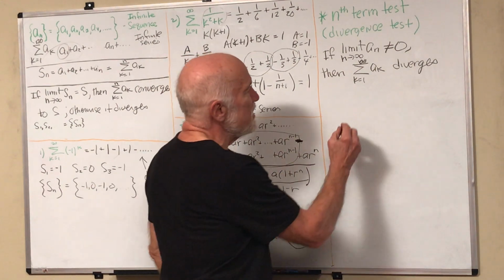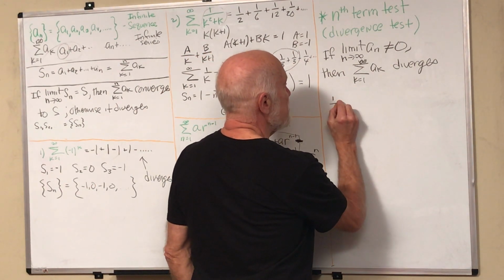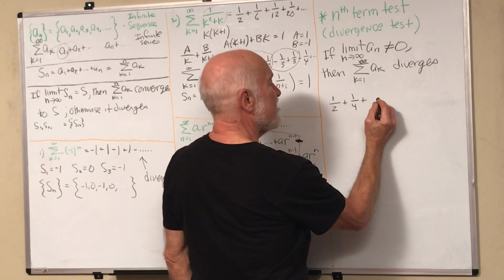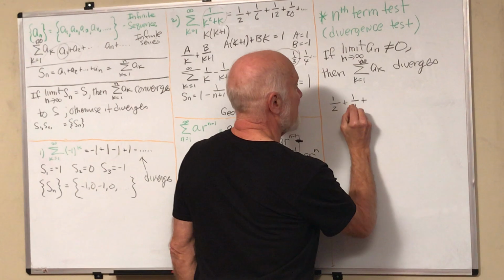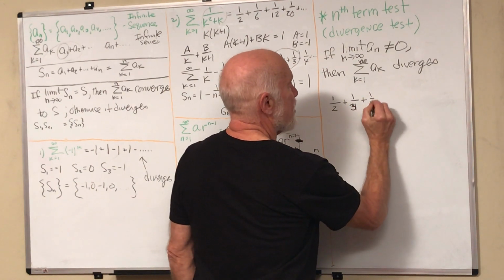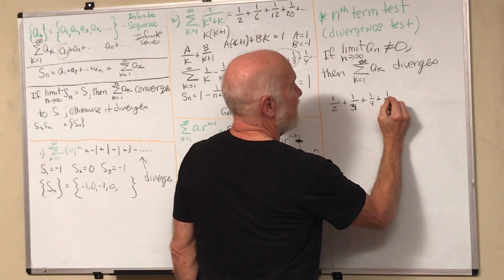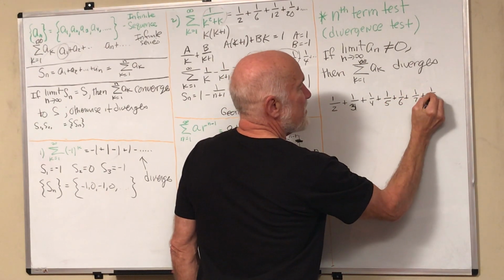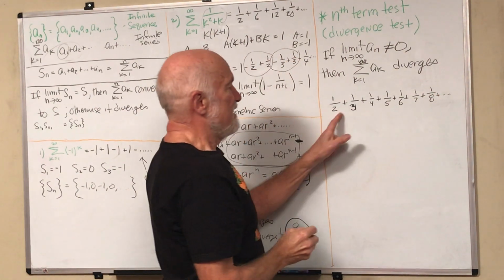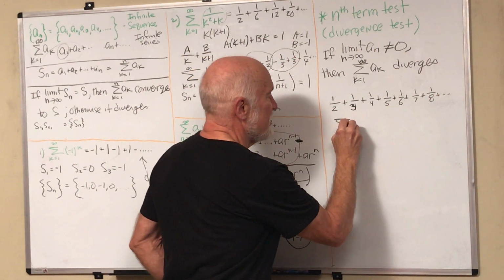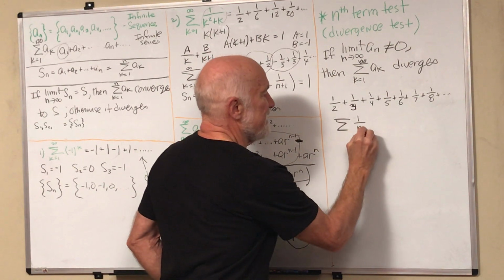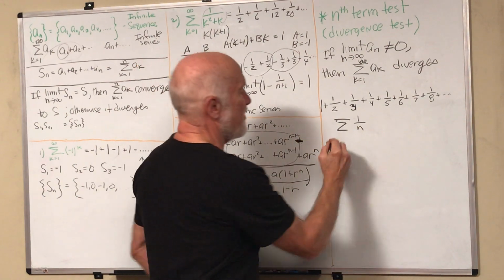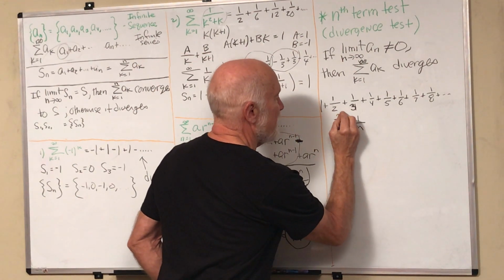Well, I've already shown you an example: 1 plus 1/2 plus 1/3 plus 1/4 plus 1/5 plus 1/6 plus 1/7 plus 1/8, and you keep going. This would be for the series 1 over n. Maybe I'll even put a 1 in front of it. So then I can go from n equals 1 to infinity.